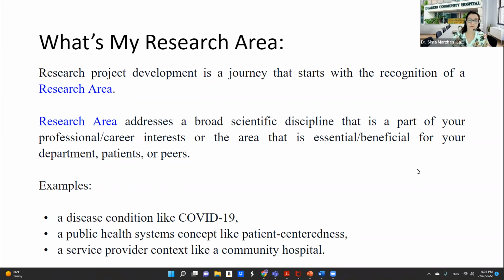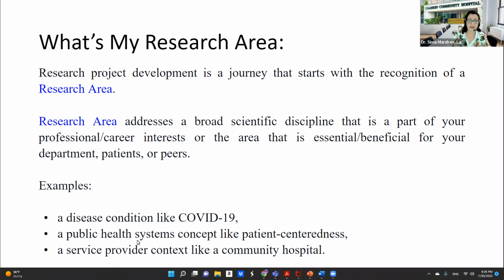It can be a disease condition like COVID-19. It can be a public health system concept like patient-centeredness or quality improvement or ER admissions or safety events of post-operative care at the Department of Surgery.